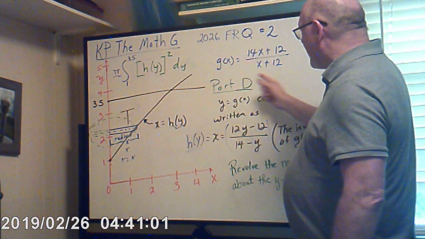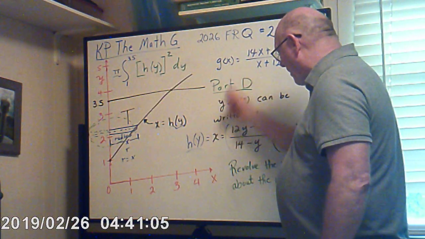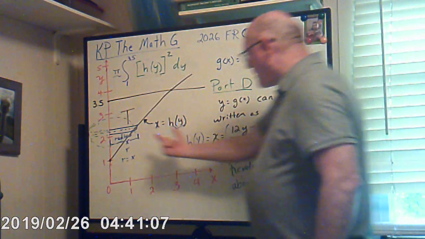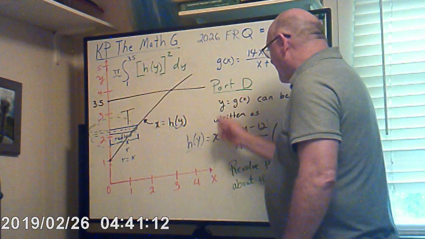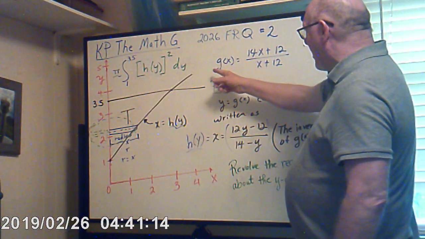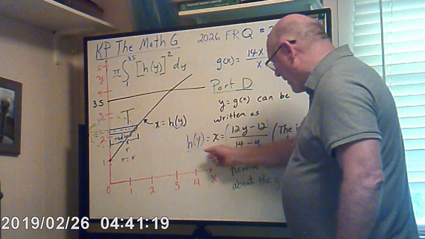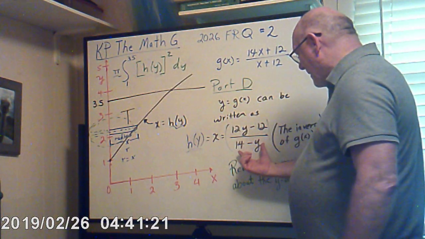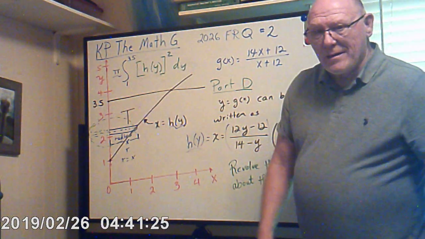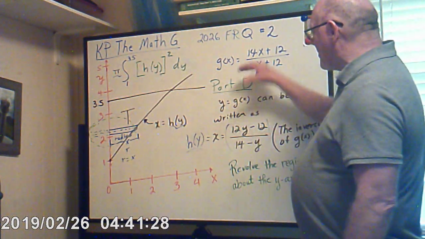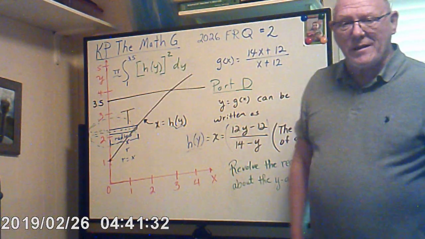You can't put this x. You've got to solve for x. This length is x. This radius is x. So if you want this radius to be x instead of y, you can't have y and x. You've got to have x right here, then solve that and call it h at y. Sometimes you've got to solve it, but they've solved it for you in this particular case.